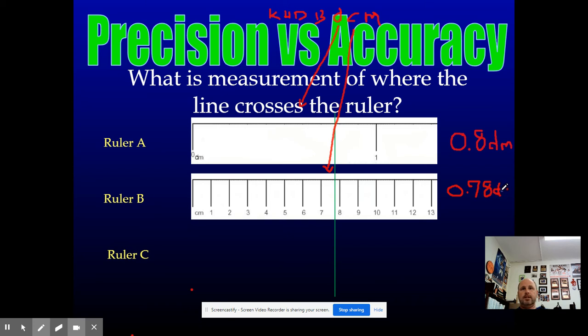If I recorded this in centimeters, it would be 7.8 centimeters. But we're not recording it in centimeters. We can't compare centimeters to decimeters easily, so we're going to keep them all in decimeters.